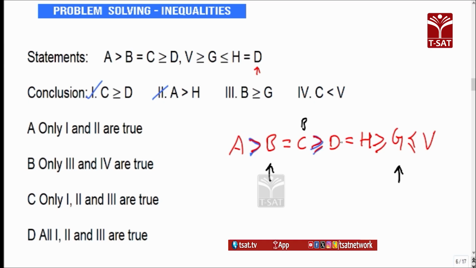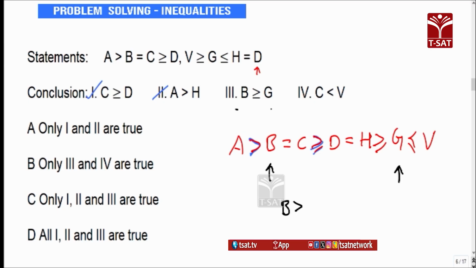Here also whenever you have the symbol D, you can directly write the symbol H here. So it doesn't matter, right? Or simply I can convert this entire symbol into B. So in place of C I can write directly B, because he is asking between B and G.